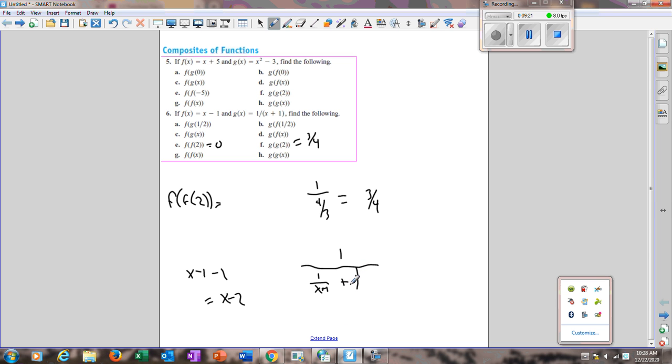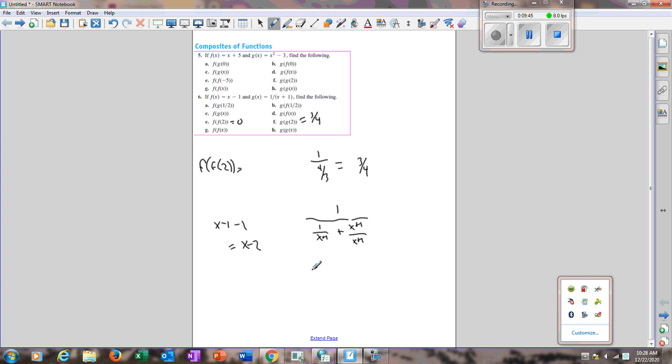I get a common denominator, which should be x plus 1. So really that's just going to be plus x plus 1 over x plus 1. 1 plus x plus 1 gives me x plus 2.